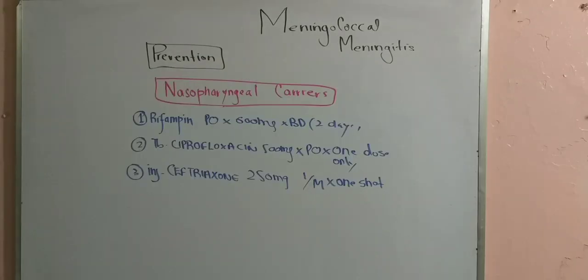We had already talked about it, that 40% of the population carries Neisseria meningitidis in their nasopharynx, and only a few of them will go on to develop the infection itself.